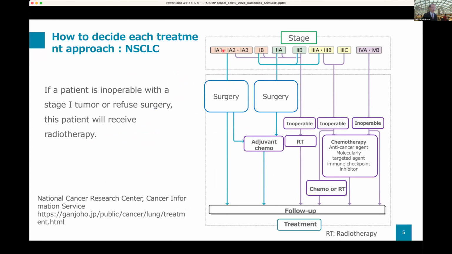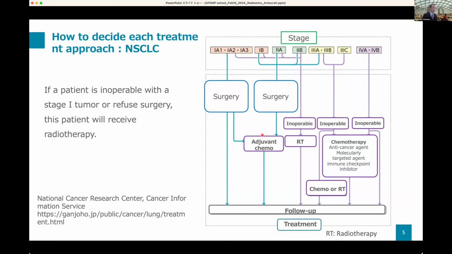So if the patient has stage 1 cancer, this patient may receive surgery first. But if the patient is inoperable or refuses surgery, the patient receives radiation therapy.